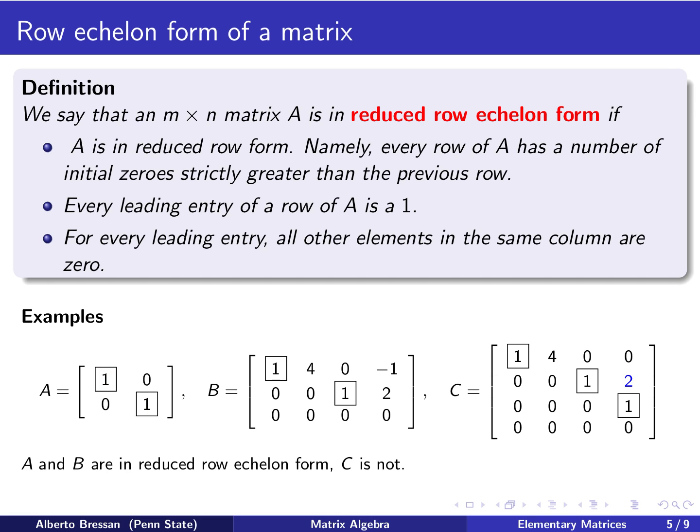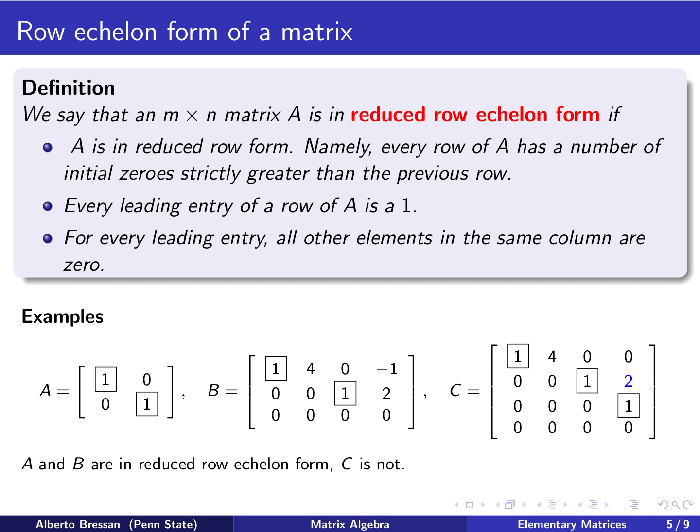So it's 1, and it satisfies condition 2, and then condition 3. For each column where this leading entry is in, all other elements are 0. Is that true? Well, for this one, yes, and for this one, yes. So the A matrix is in reduced row echelon form.